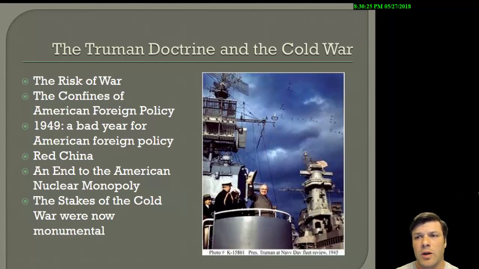A massive country, one of the more populated places on earth, becomes a communist government. The civil war in China between Mao Zedong's communist forces and Chiang Kai-shek's American-backed regime is going to end with a communist victory.